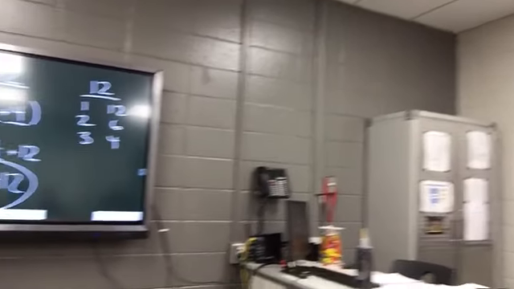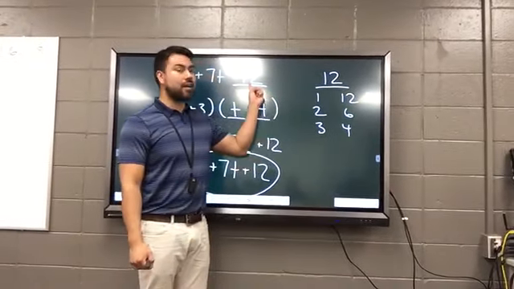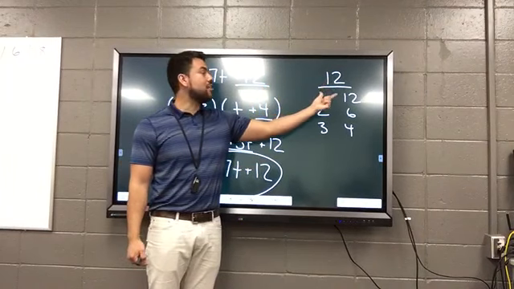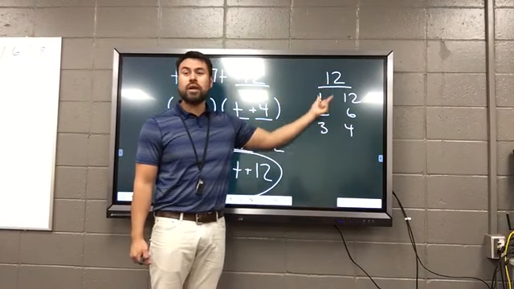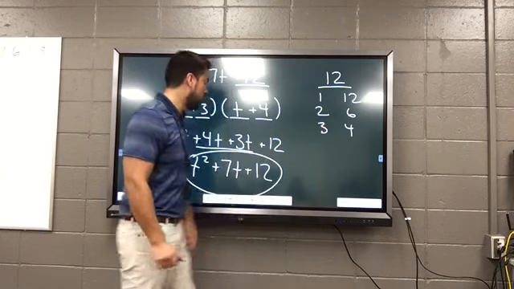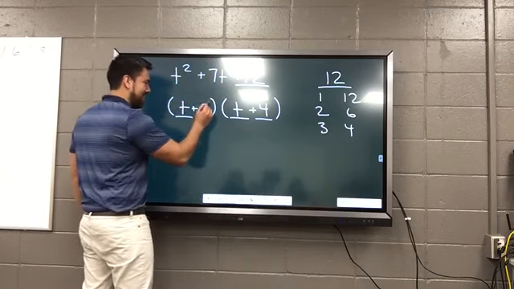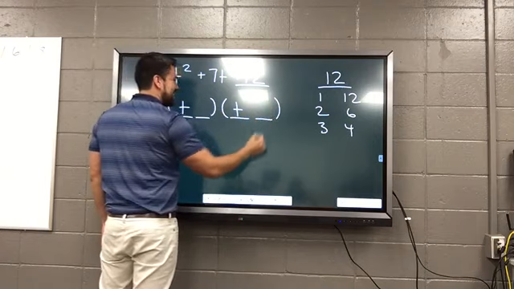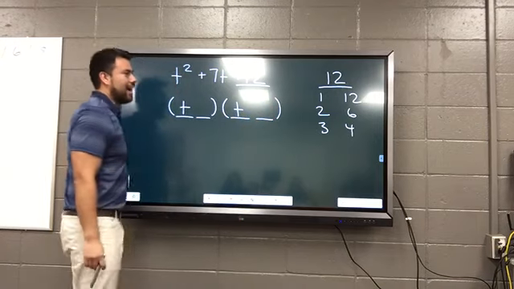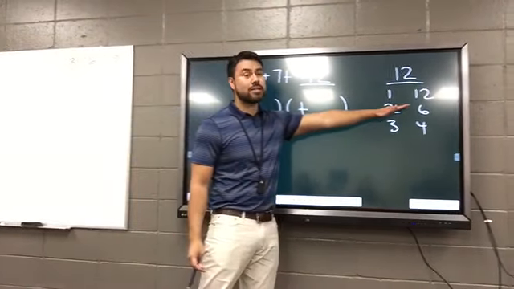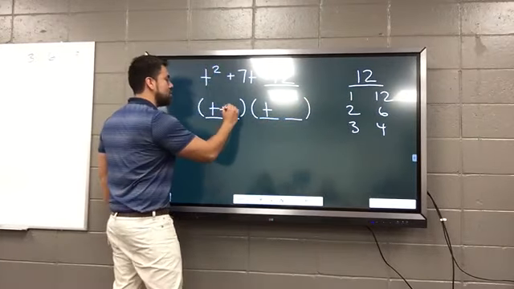Okay, so really what you're doing is you're looking at that constant, so 12, and then you're looking at the factor pairs and you're saying, which one of these work? So I'm going to pretend that you guys are not so bright, and we're going to guess. I'm going to pick 2 and 6. I'm going to put positive 2 and positive 6.